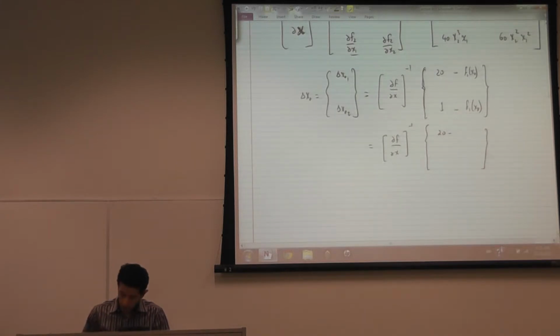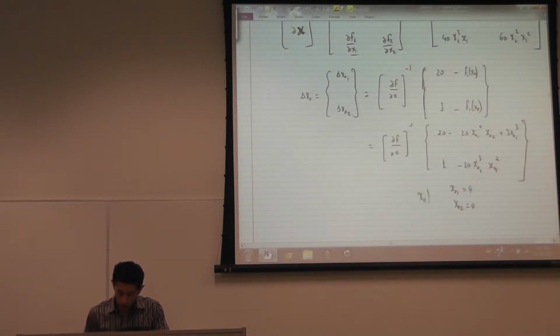This will be equal to the inverse matrix times the vector 20 minus f1 and 1 minus f2, where x naught 1 is equal to 4 and x naught 2 is equal to 4.